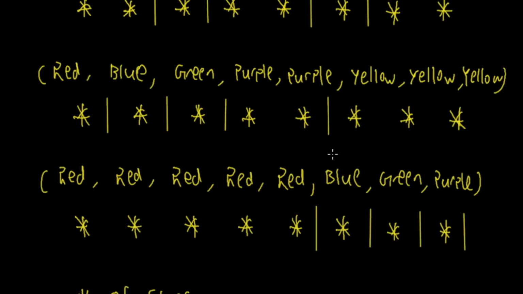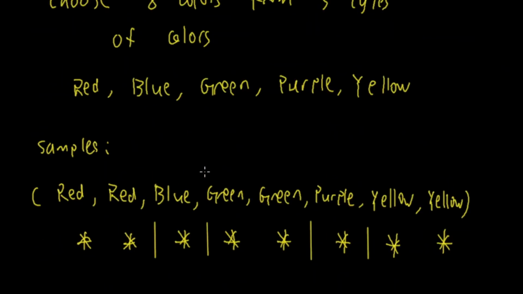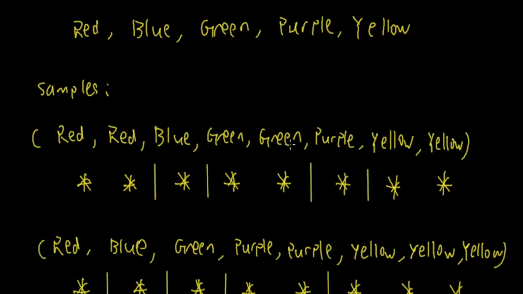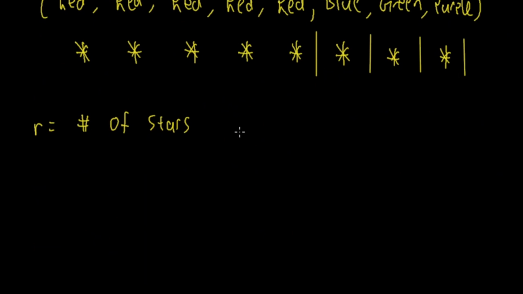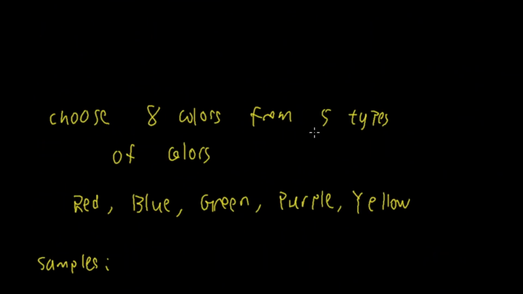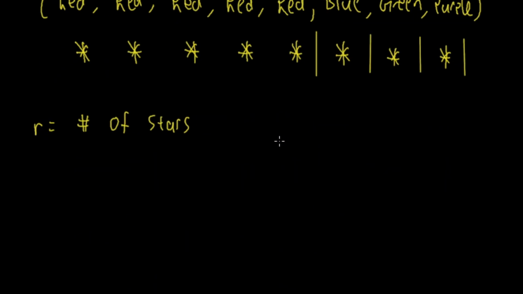Here, 1, 2, 3, 4. Here, 1, 2, 3, 4. You know that there are 5 types of color, but 4 bars to separate the categories. That makes sense. If you have 5 categories and you want to separate each category, you need 4 bars. And 5 here is n, the number of items, right? So again, n minus 1 is the number of bars.